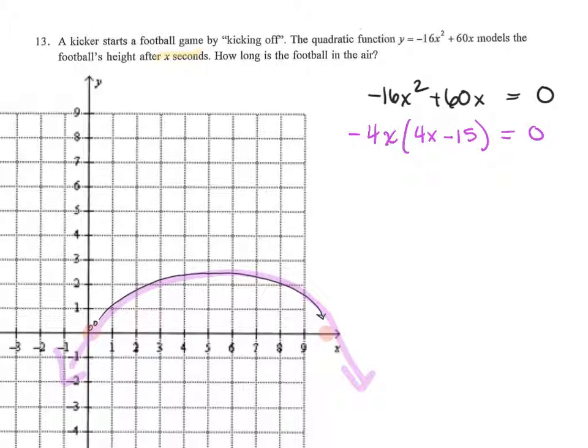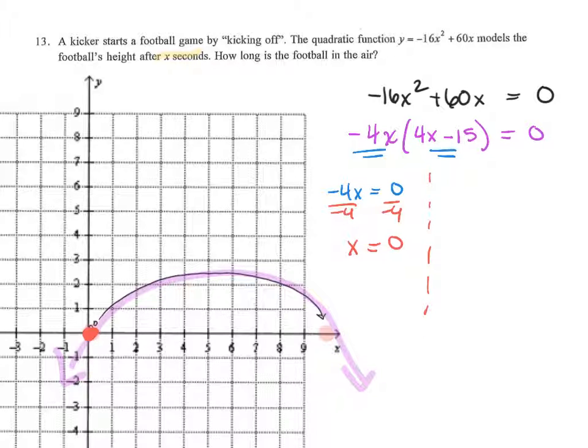And then as we learned how to solve by factoring, you factor and then you set each parentheses or each part equal to 0. So we're going to set -4x equal to 0, and when we solve this, dividing by -4, you get that x is 0. This is telling you that when x is 0, you're on the ground, obviously, because you haven't kicked it yet.